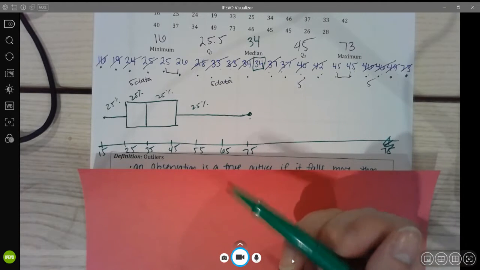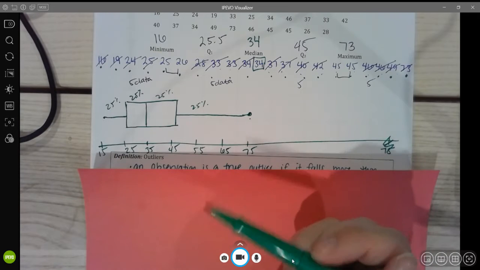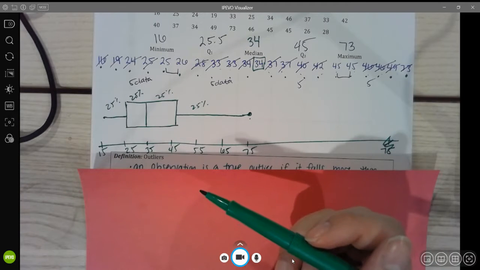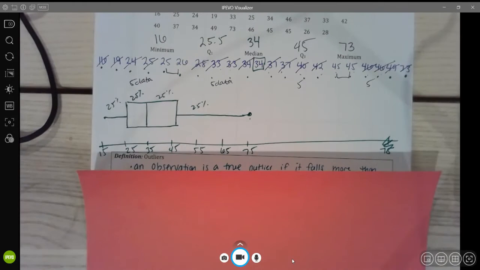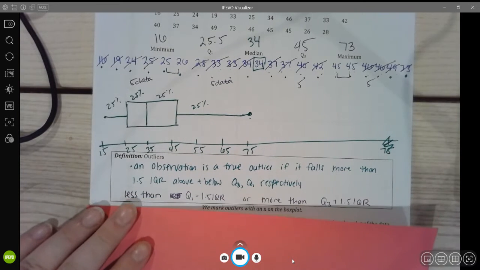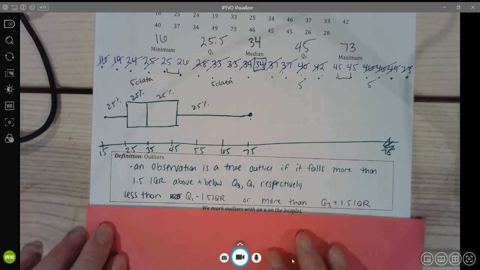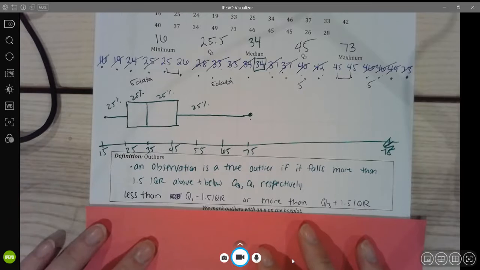Finding the IQR and finding Q1 and Q3 also helps us find these things called outliers. We've talked about outliers before, but we've never really given a formal definition to it. What's cool about these numbers is that this gives you a hard and fast rule about what makes an outlier. An observation is a true outlier if it falls more than 1.5 IQR above Q3 or below Q1, respectively.